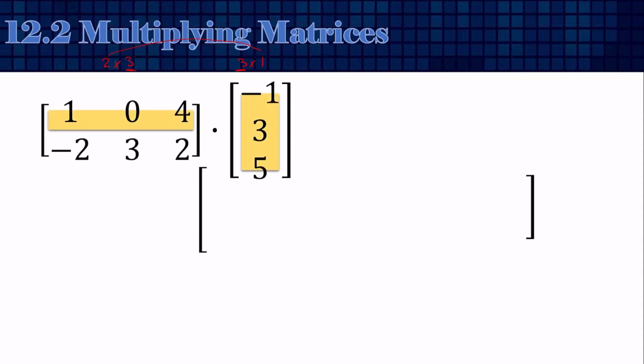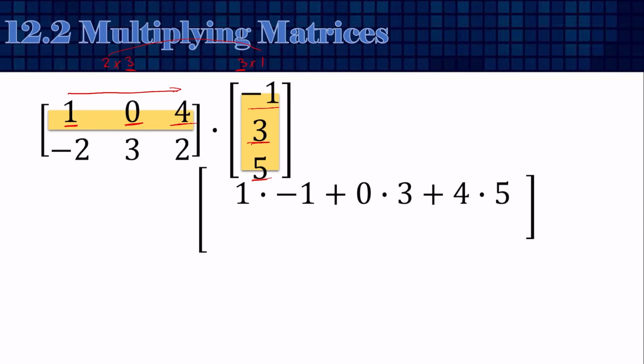Pick a row and a column. Multiply the first, so we'll have 1 times negative 1 plus the next 0 times 3 plus the next is 4 times 5. So you multiply, plus multiply. You always go across and down.